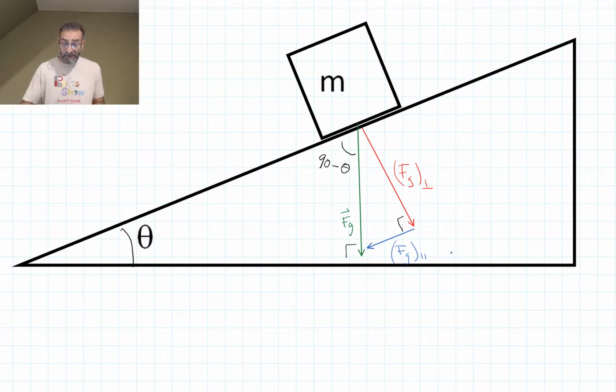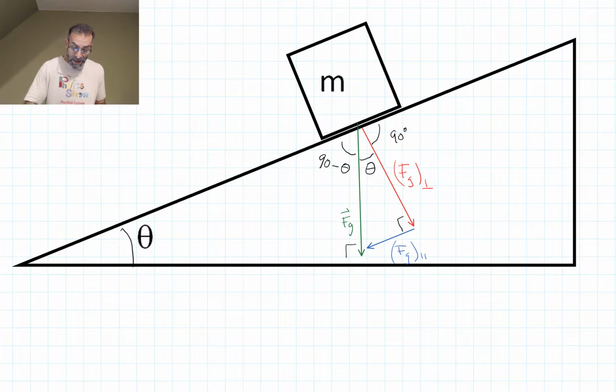Well, if the red vector is perpendicular to the surface, then this is a 90-degree angle. That means that we've got 90 degrees over here. We've got 90 minus theta on the other side, and what does that leave? Theta in between.